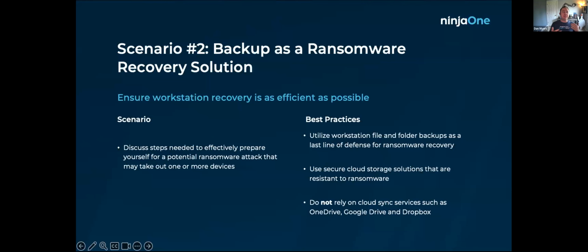So this is the thought process that I want to go through, and some of the things I want to get people to think about is, okay, what would you do if 50 workstations in your office were compromised by ransomware, and you had to start over? What I would be doing is making sure that I have the key files and folders backed up through a tool like Ninja Backup.